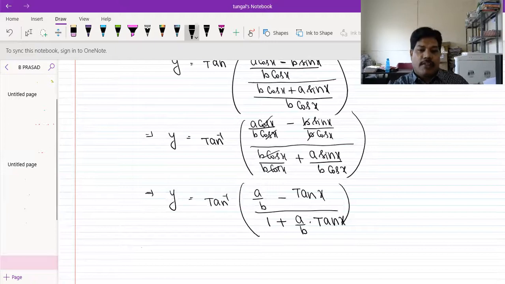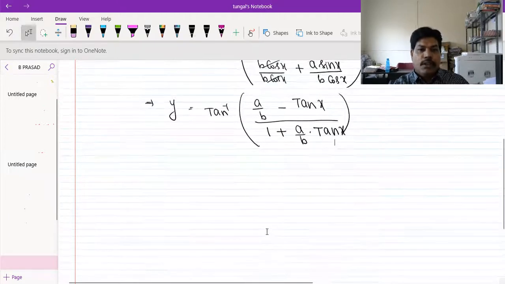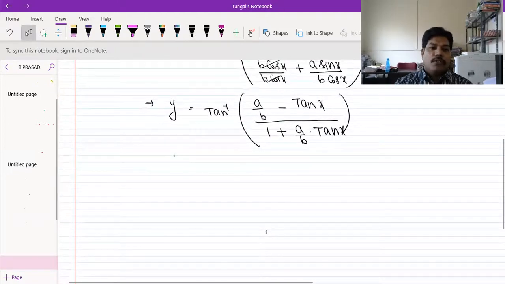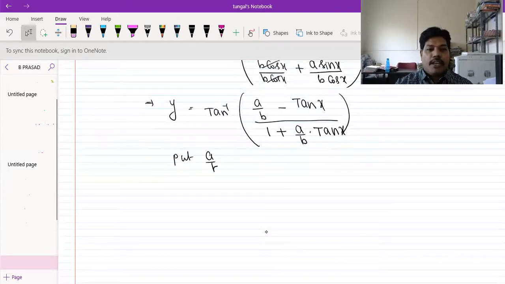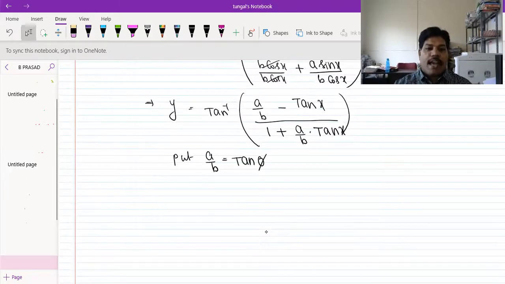So here what I will take is, put a by b is equal to tan phi. A by b is equal to tan phi.